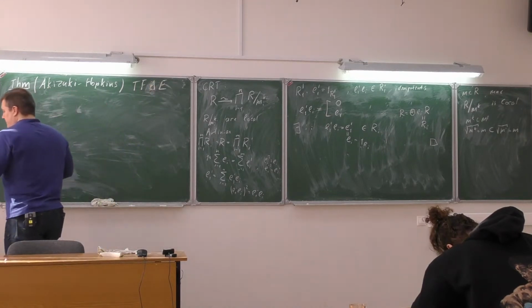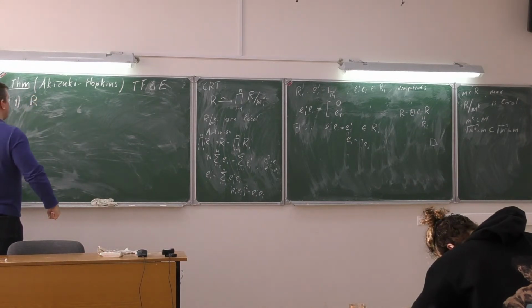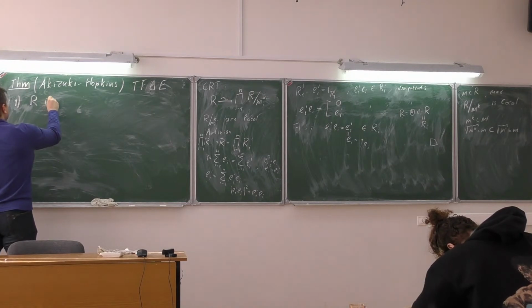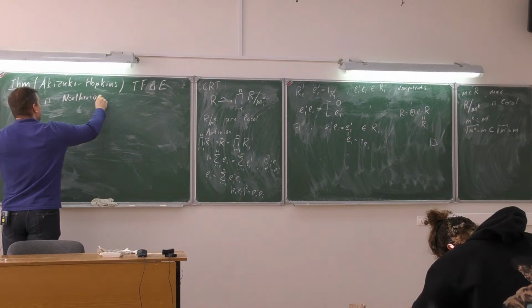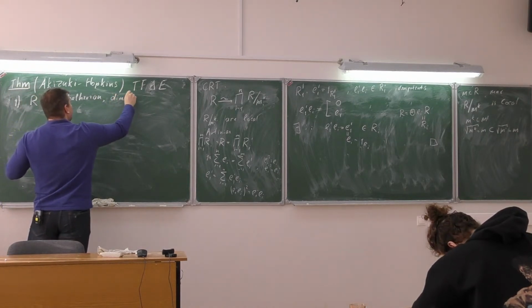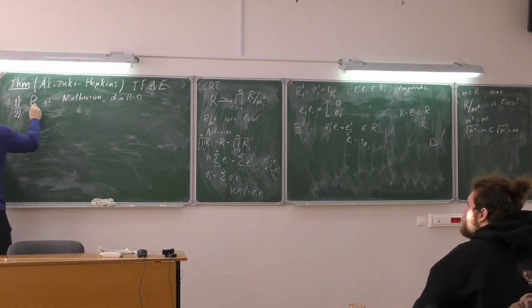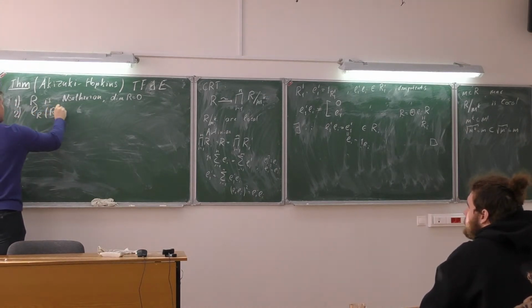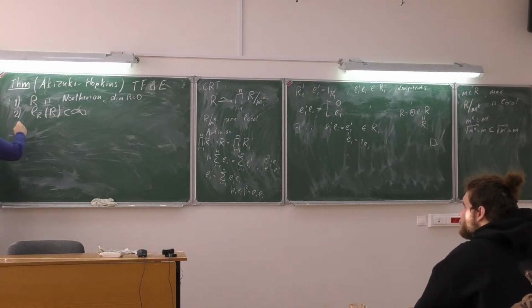So actually I'm going to write three conditions. Usually it is written as only two conditions. So R is Noetherian, dimension of R is 0. The second condition is that the length of R is finite, the length of the ring over the same ring.